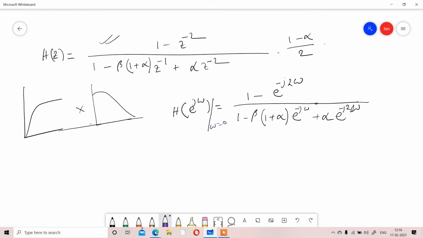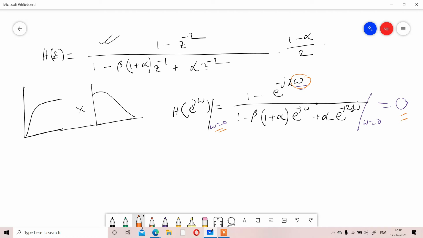At omega equal to 0 you will get that value 0, because e to the power 0 is 1, so 1 minus 1 you will get 0. So the magnitude at omega equal to 0 you will get 0.